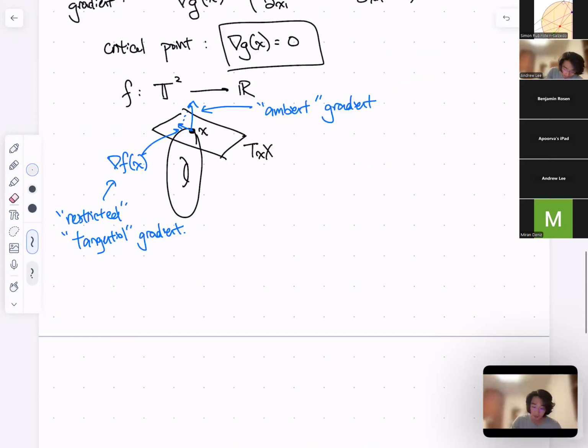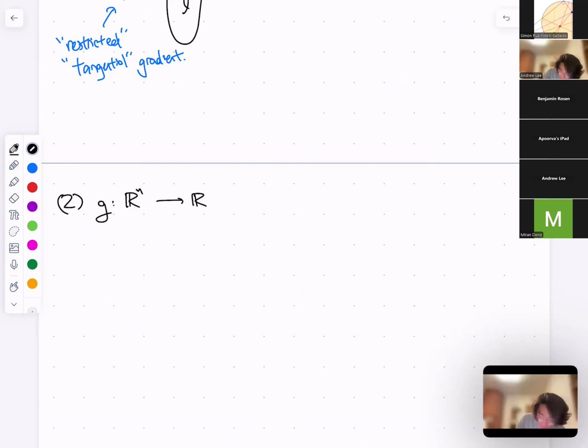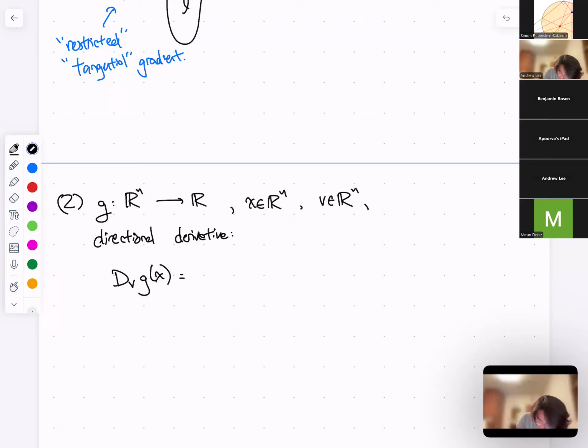But I have a second way of thinking about critical points that I want to consider. Let's go back now to a function g from Rn to R, where x is a point and v is a vector. We have the directional derivative, which is this little object.